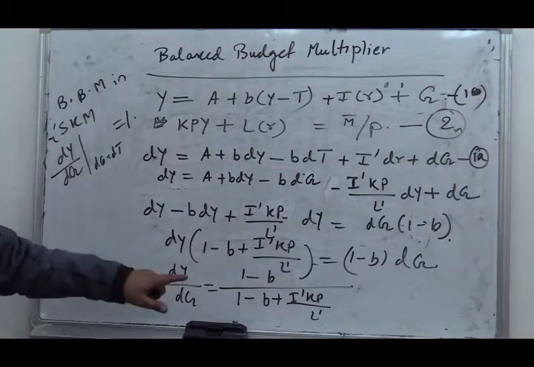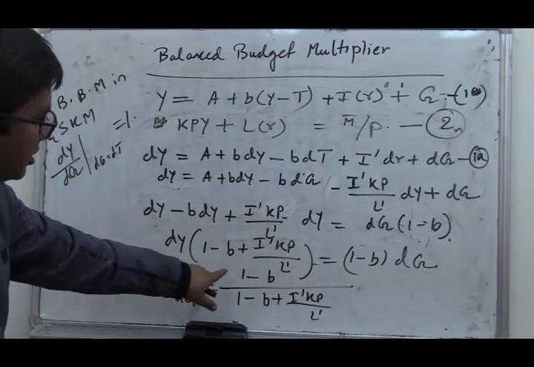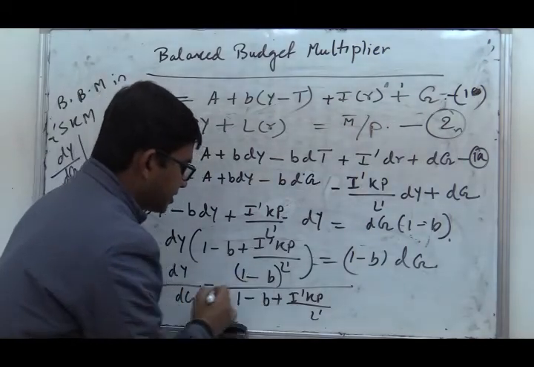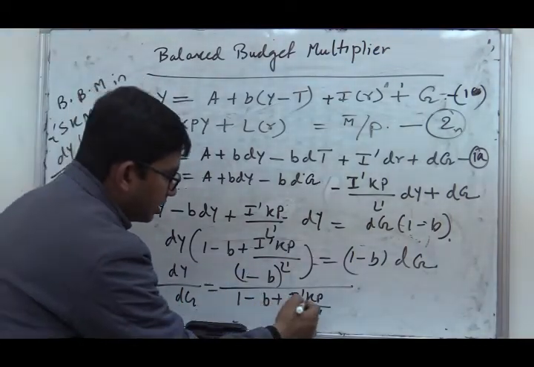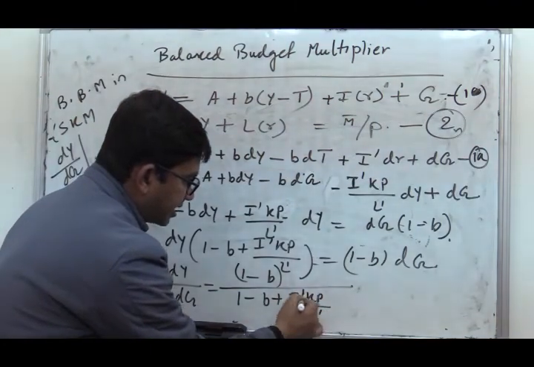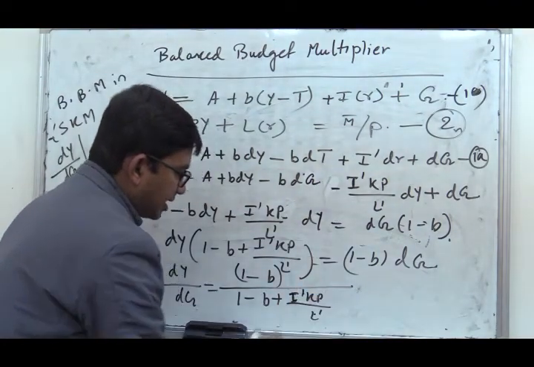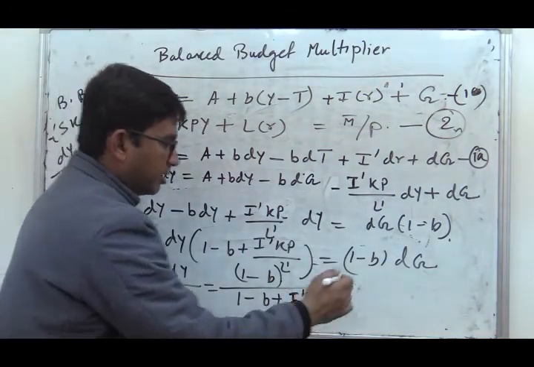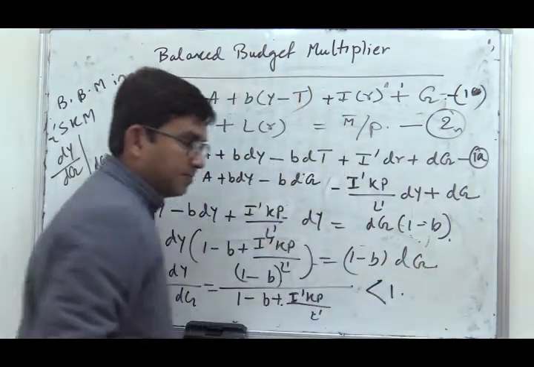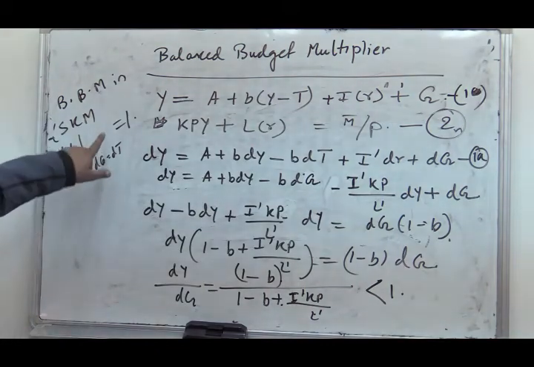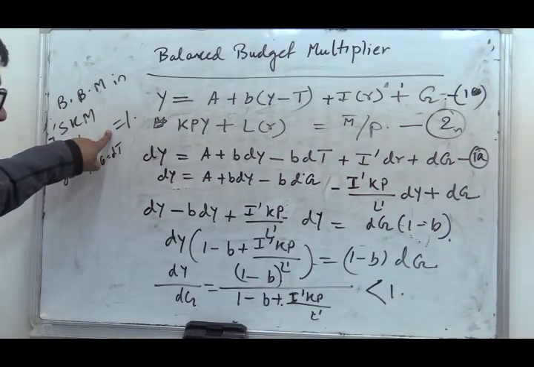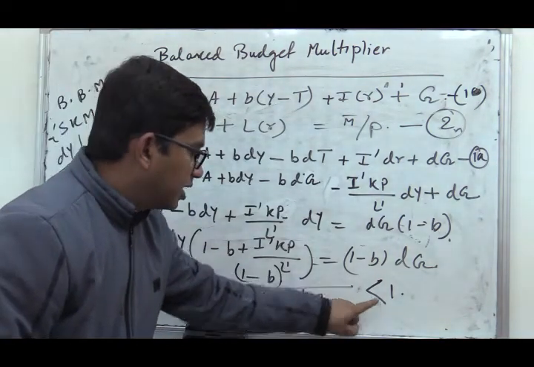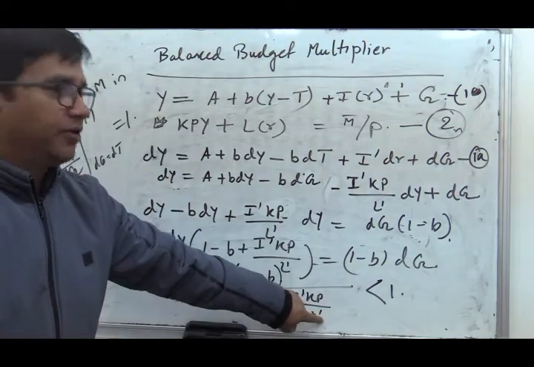But here the value is definitely less than 1, because I dash is negative and L dash is negative, so I dash kP by L dash is positive. So the numerator is less than the denominator, and it is less than 1. Here it is less than 1 because of this crowding out effect.